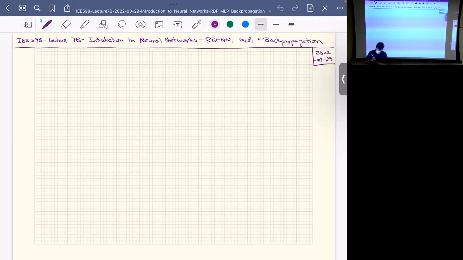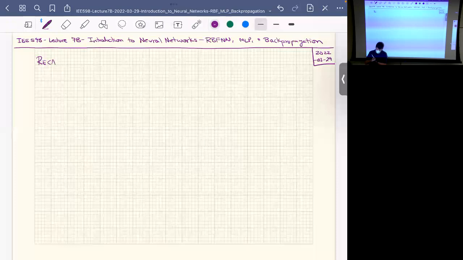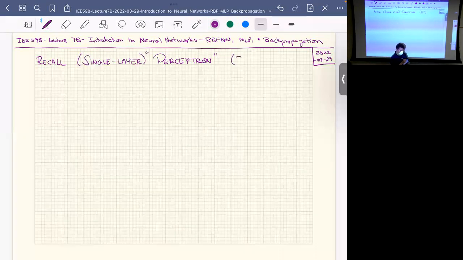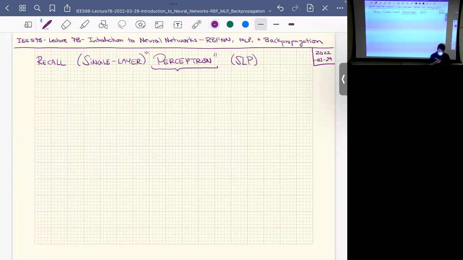So recall something which I'm going to call a single layer perceptron, which we might abbreviate SLP. And a perceptron is a type of classifier. So in the single layer case, it is a binary classifier.